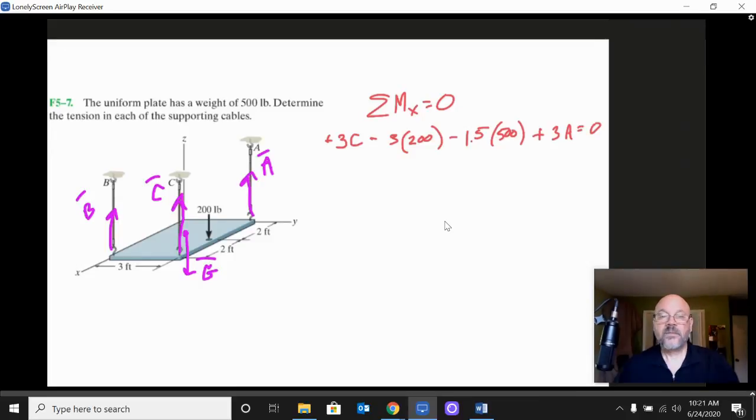Just like that. So you're going to have to check it every single time for every single force. Eventually, you'll get the hang of it and it's going to go a lot faster. Truth be told, as long as you are consistent, it's fine because the whole equation is equal to 0.